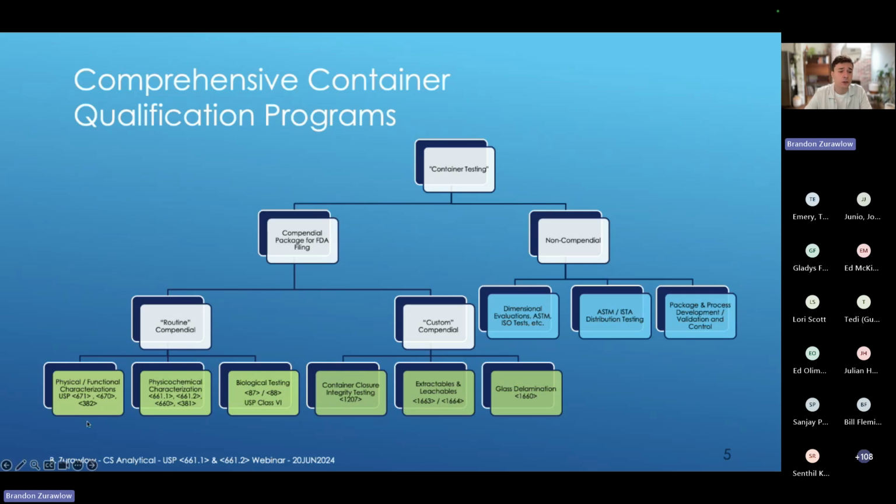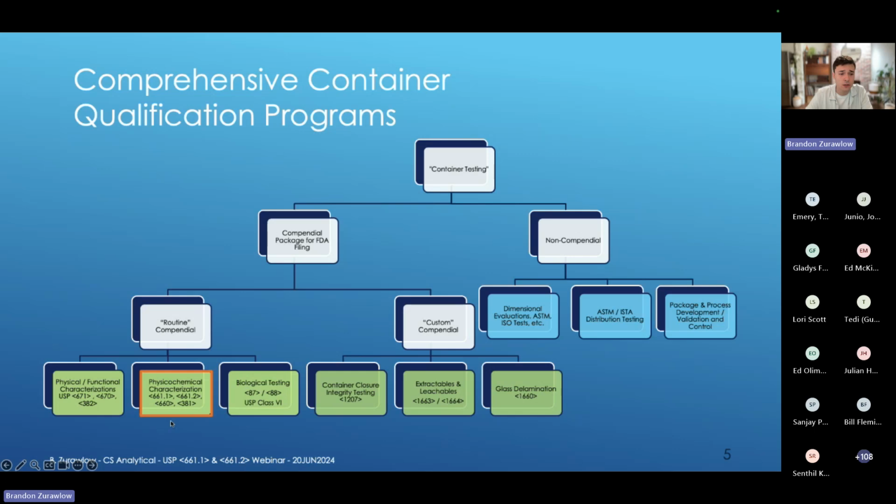As you see here on the bottom, there are chapters to address physical and functional performance of systems and components. There are test chapters that evaluate biological reactivity of those materials and components. But what we'll be focusing on today has to do with physicochemical characterization, the chemistry-based tests on those materials of construction and components, depending on the specific material itself.